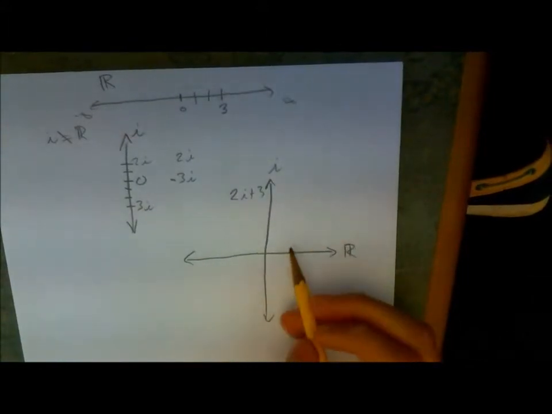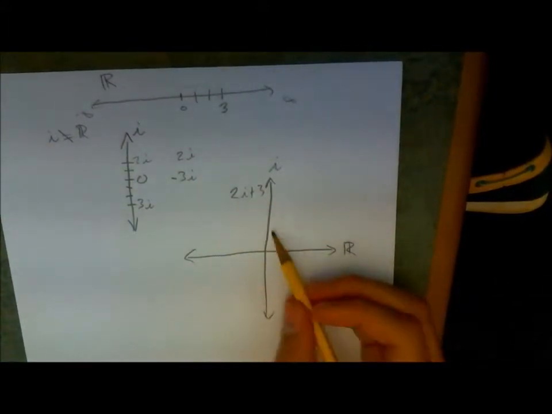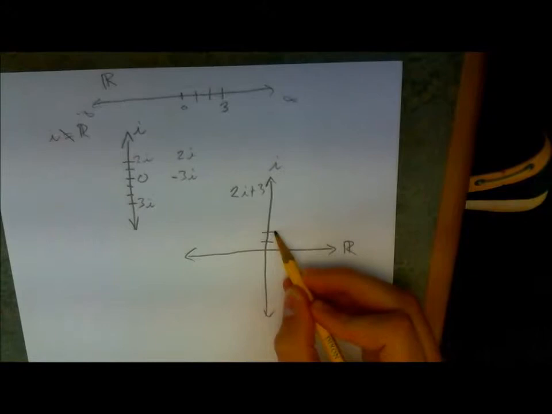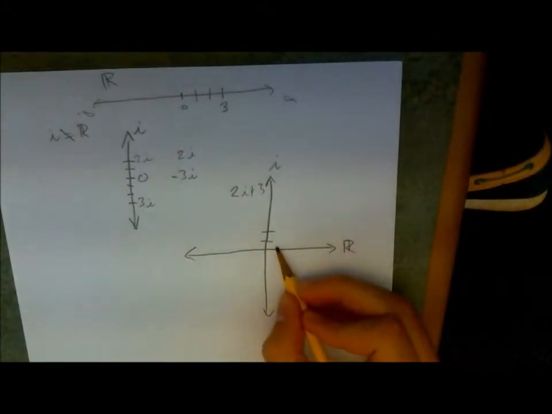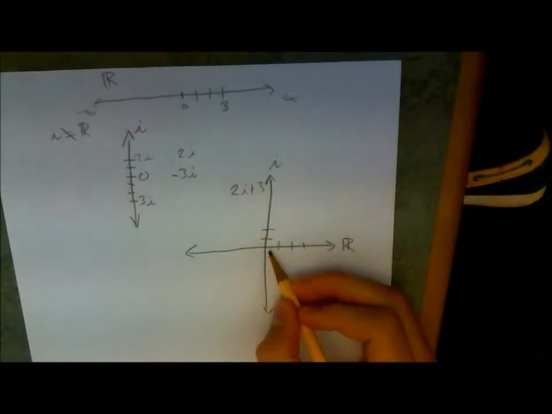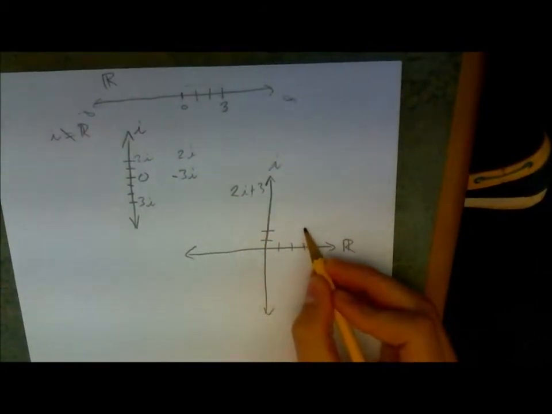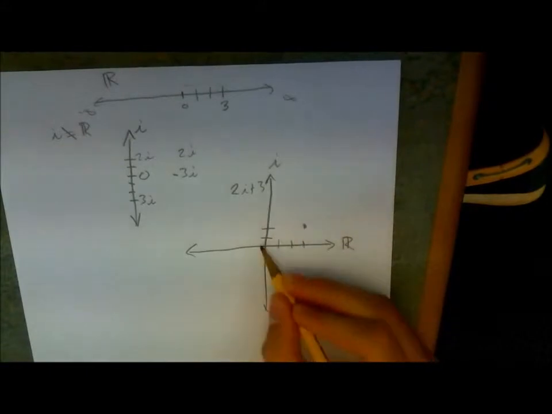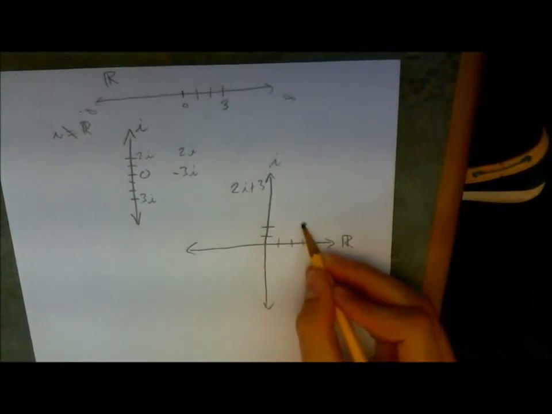Go up 2i on the imaginary axis, 1, 2, and go over 3 on your real number line, 1, 2, 3. Where these two meet is right here at 2i up and 3 across.